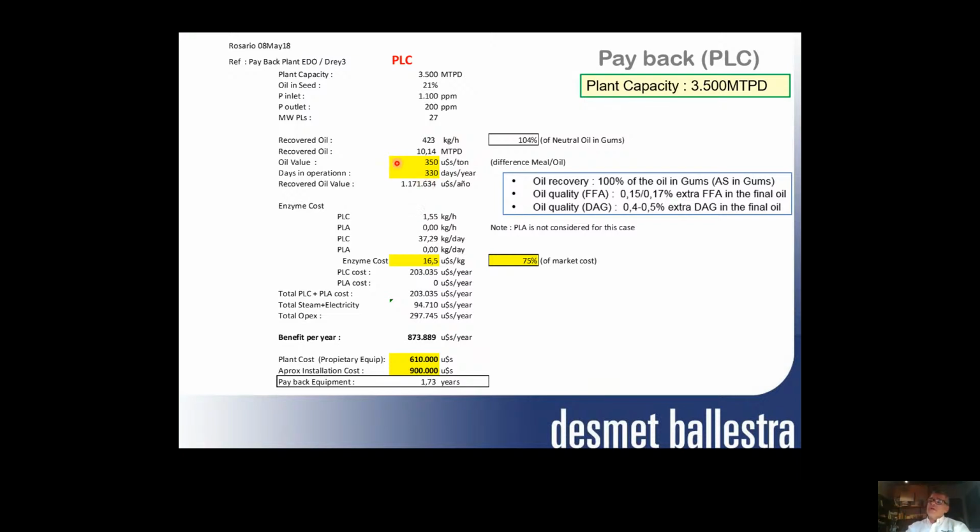So depending on your financial business, it will maybe be double this benefit per year, but it's something to discuss in every case. But well, okay, even considering this very conservative figure for the valuation of the oil recovery, we have a payback of not even 2 years, 1.7 years.